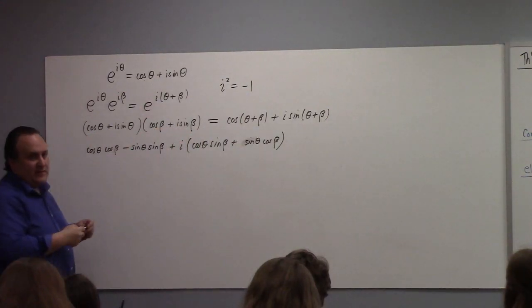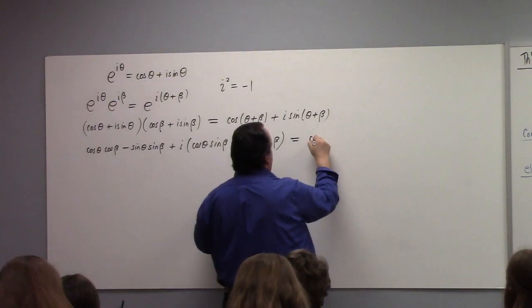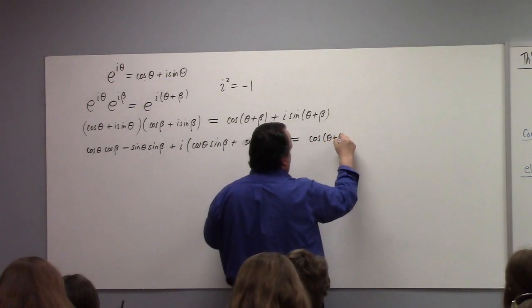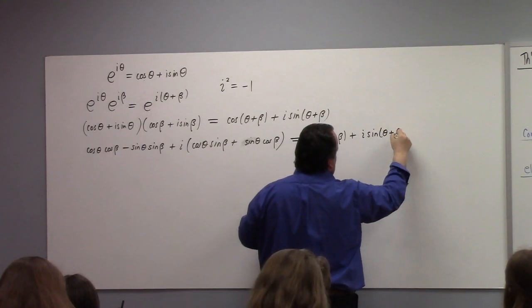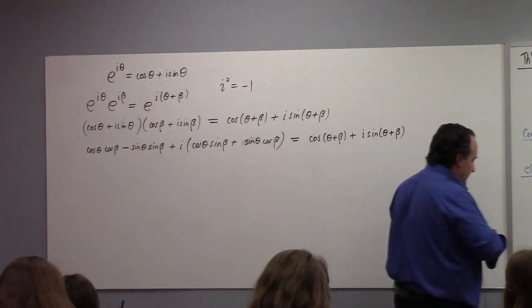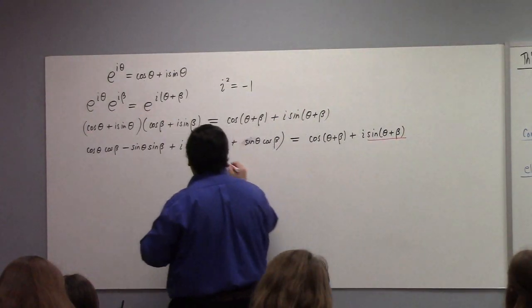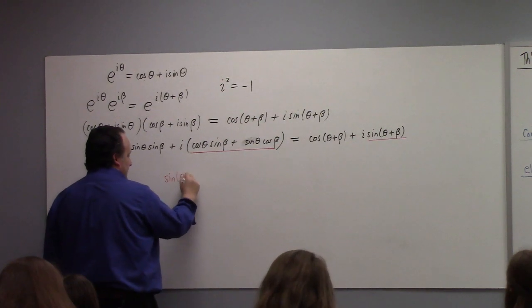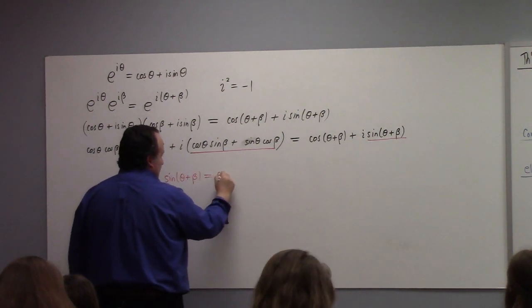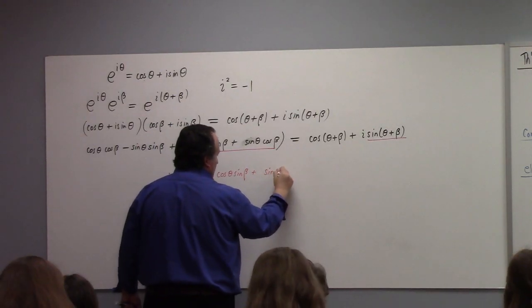In order for a complex equation to be true, both the real part and the imaginary part have to be equal. The imaginary part being equal gives me that sine of theta plus beta has to be equal to this. So we derive the identity that sine of theta plus beta is equal to cosine theta sine beta plus sine theta cosine beta.